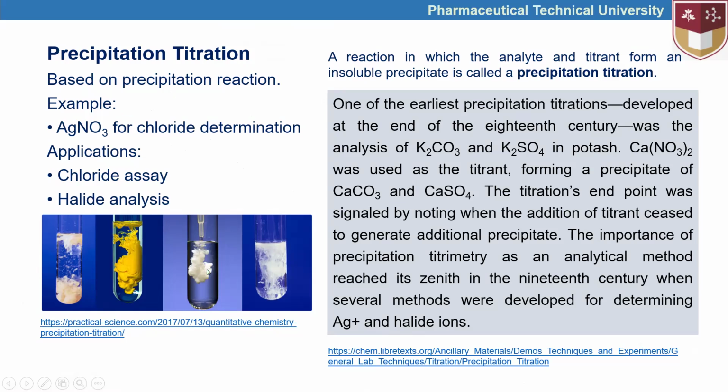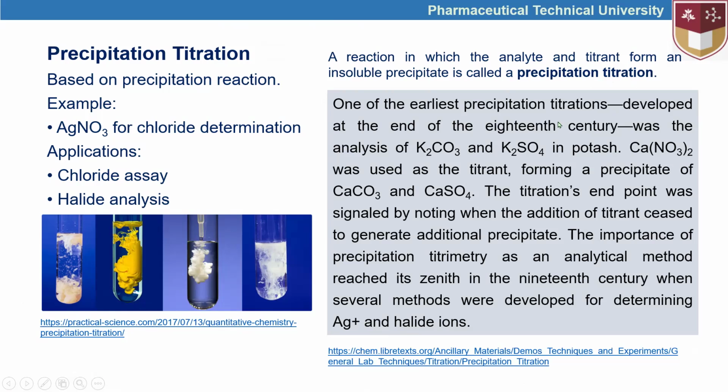From the school lessons, we already know about the precipitation of halides like bromine, chloride ions or fluoride ions forming with the argentum nitrate, silver nitrate. Yeah, this is a reaction in which the analyte and titrant form an insoluble precipitate, as shown here, and the process is called precipitation titration.